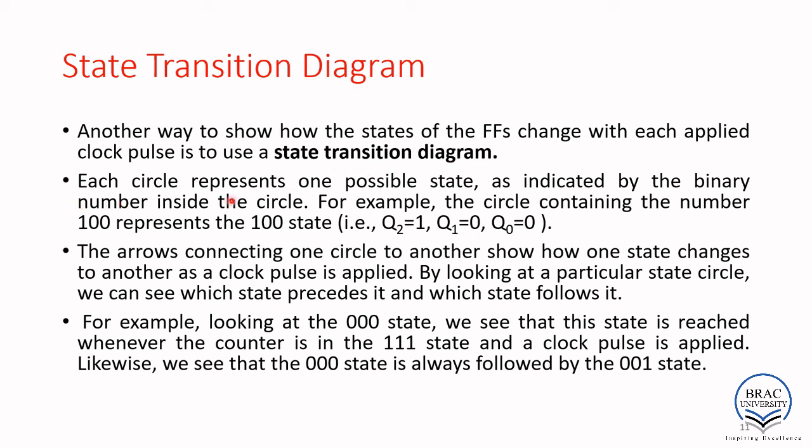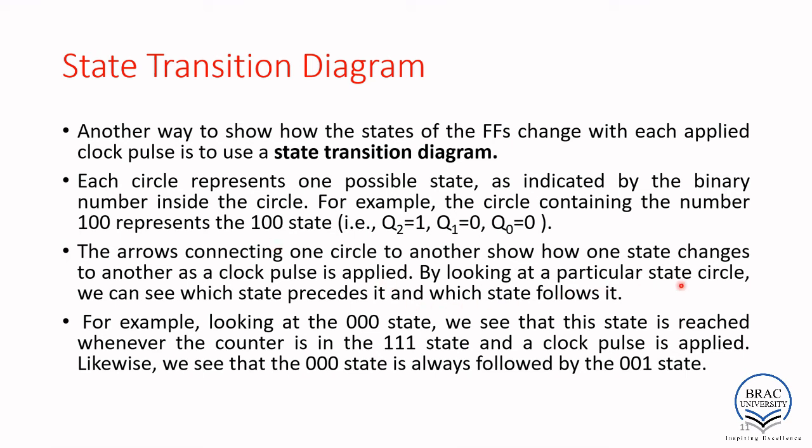Each circle represents one possible state, as indicated by the binary number inside the circle. For example, the circle containing 100 represents the state where Q0 is 0, Q1 is 0, and Q2 is 1. The arrows connecting one circle to another show how one state changes to another as the clock pulse is applied. Whenever a clock pulse is applied, the current state changes to the next state.